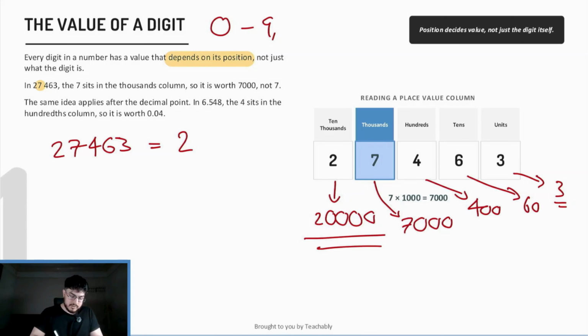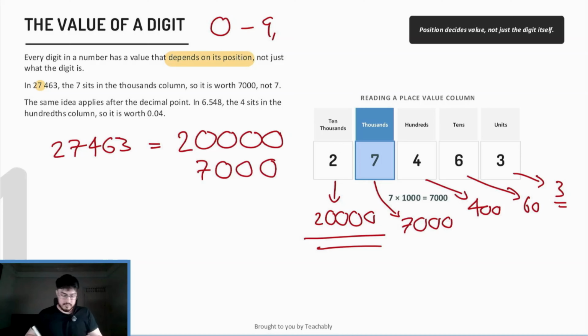There are 4 digits that follow it, so 0, 0, 0, 0. Then underneath, we put the second digit, followed by zeros for however many digits are after it. So we've got 7 followed by 3 zeros. Then we'll do this for the 4.